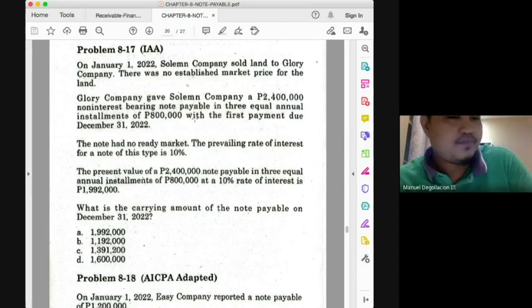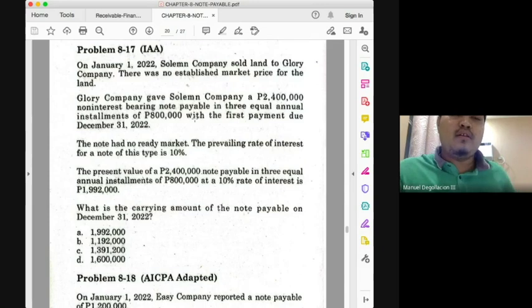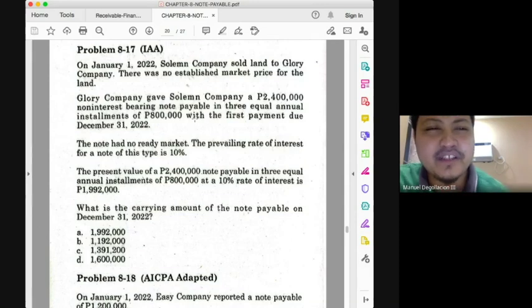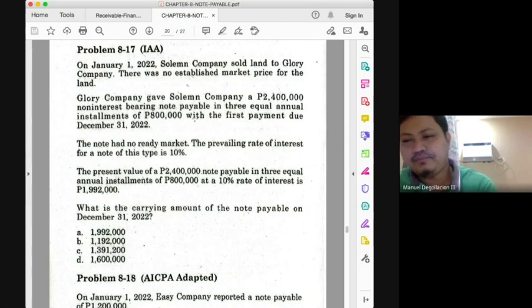Since only the residual will be applied to the principal, you will have to determine your interest expense first. So you multiply 1,992,000 with the effective rate of 10%, and you would get 199,200. If you are asked how much is the interest expense for the first year, your answer would be 199,200.